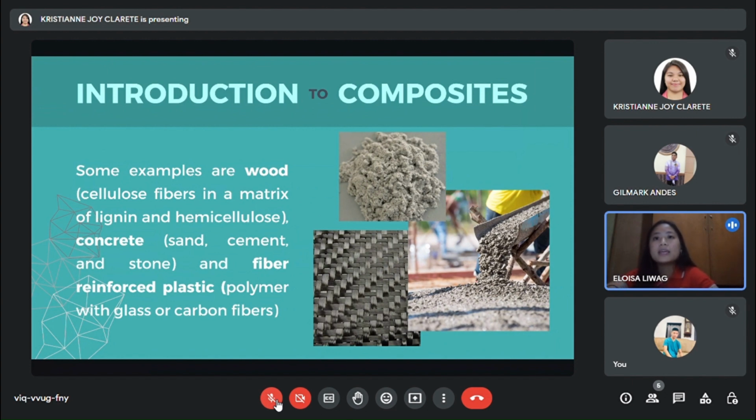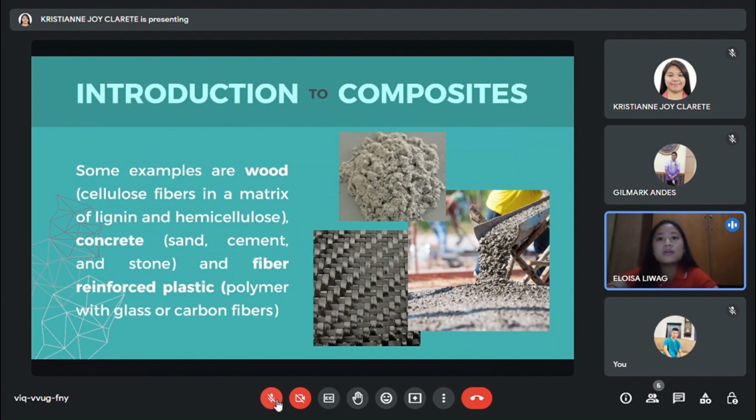For this naman, it is considered as a composite material. It is the most used in construction. Di ba kapag gumagawa naman tayo ng bahay, hindi naman pwedeng sand lang yung gamitin natin. Kasi magiging mahina yung foundation na magagawa natin. But kapag pinag-combine natin yung tatlo, yung sand, cement, at yung gravel, maganda yung outcome niya. Sobrang tibay at hindi basta-basta magigiba or masisira.